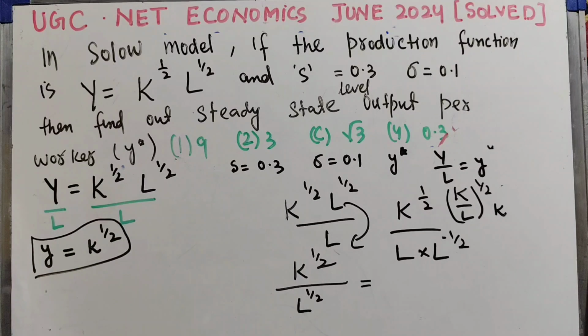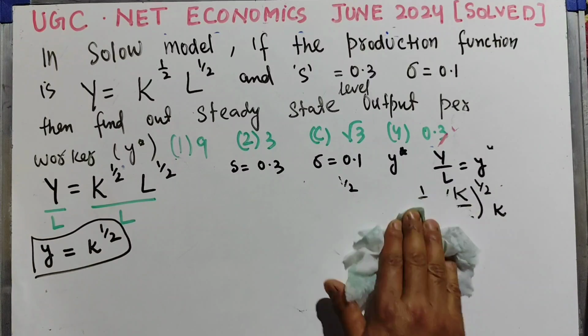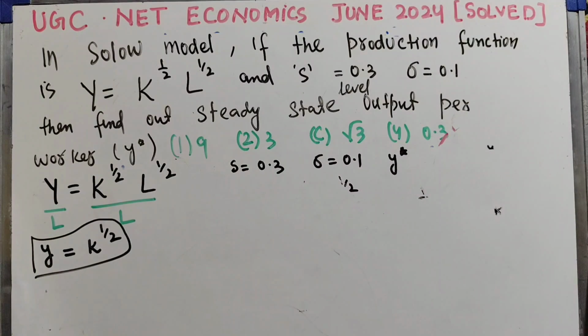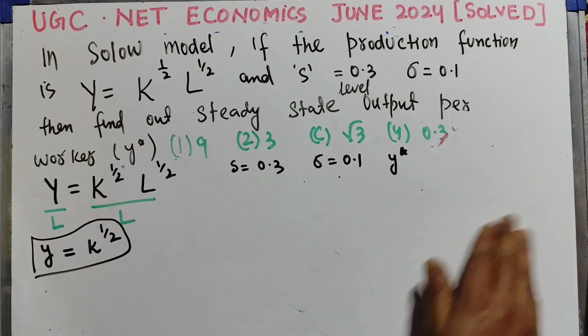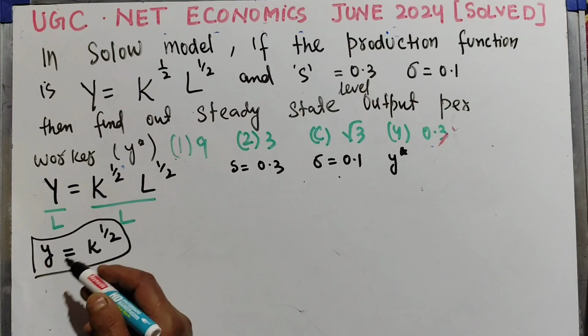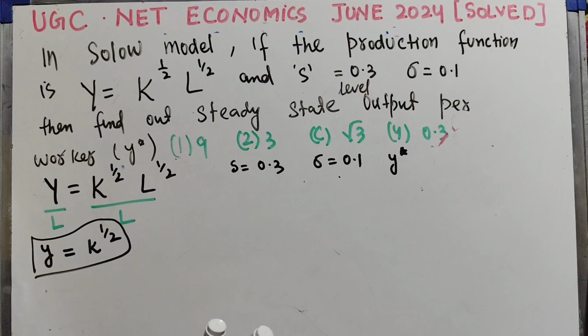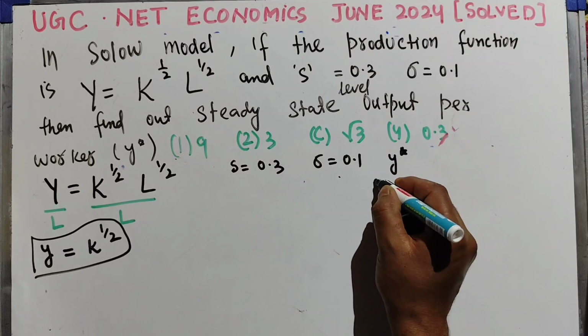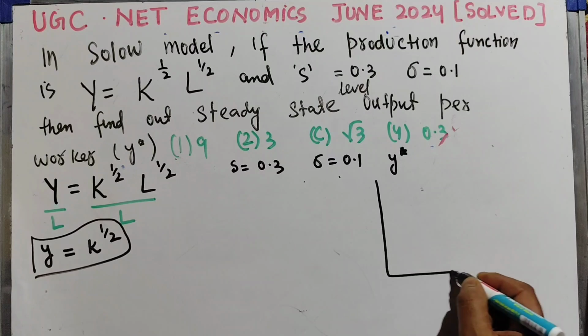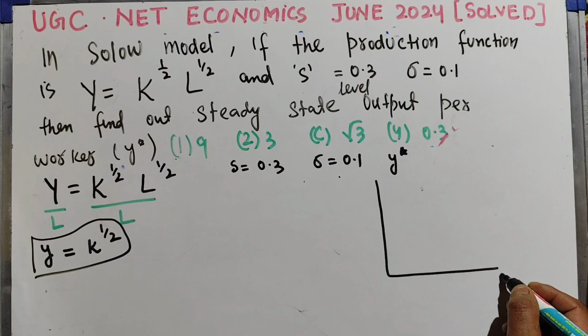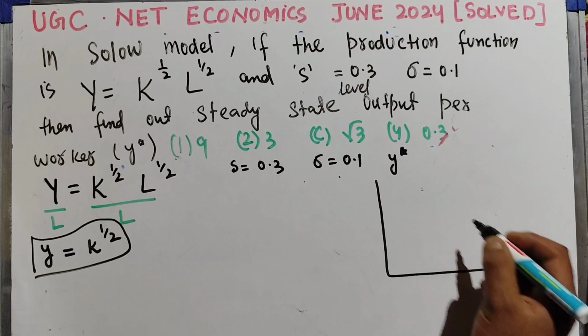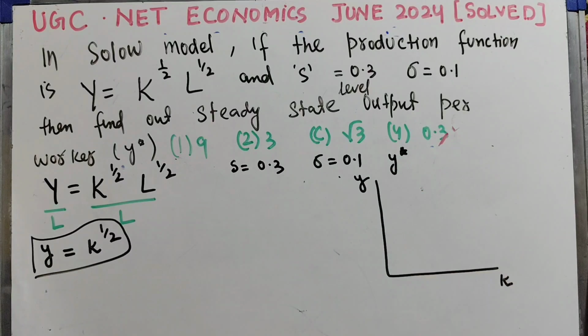So this is our production function in per worker form. Now we need to find out the steady state level of output. Let's draw a small graph here. Let us say we have the capital per worker on the horizontal axis, output per worker on the vertical axis.